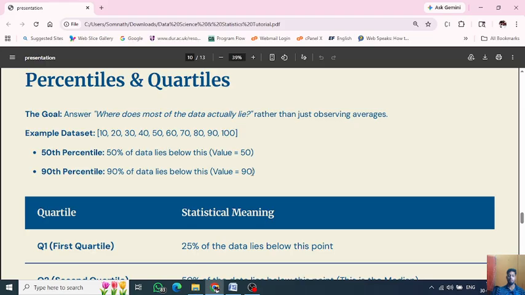In that case, we should use percentiles and quartiles.